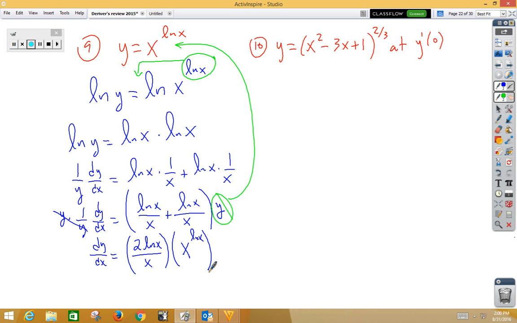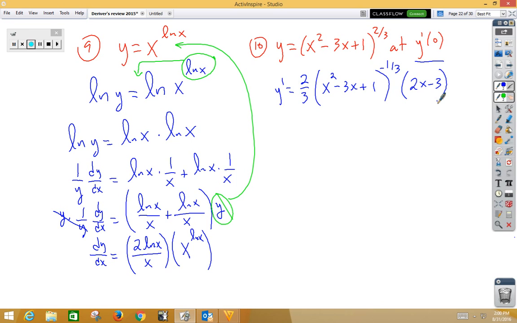In problem 10, they're asking us to take the derivative and plug in a 0. So let's go y prime is equal to derivative of the outside, 2/3 to the negative 1/3. Don't change the inside. Multiply by the derivative of the inside, which is 2x minus 3.